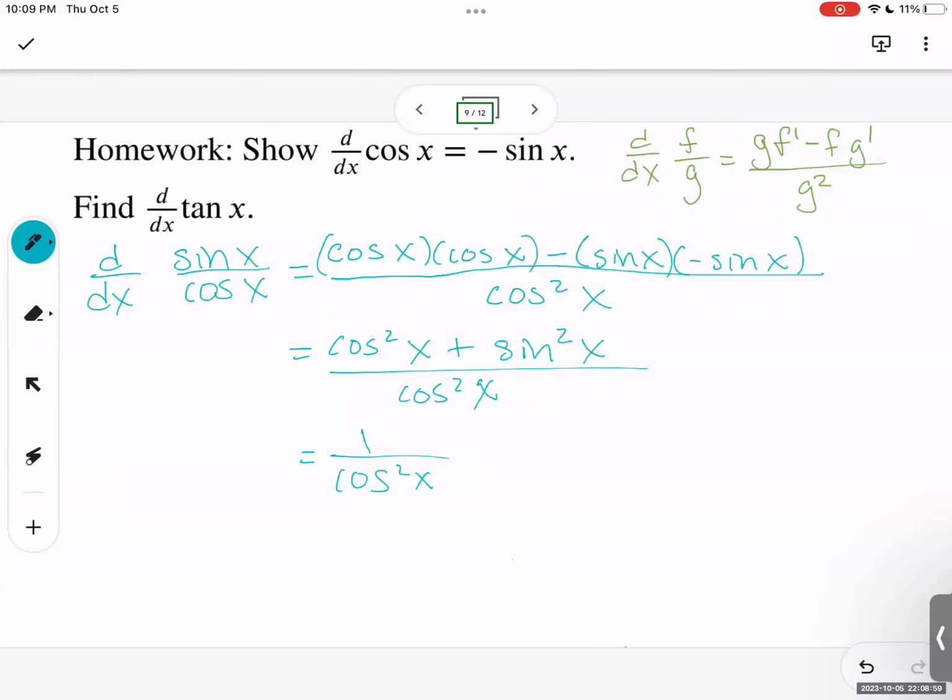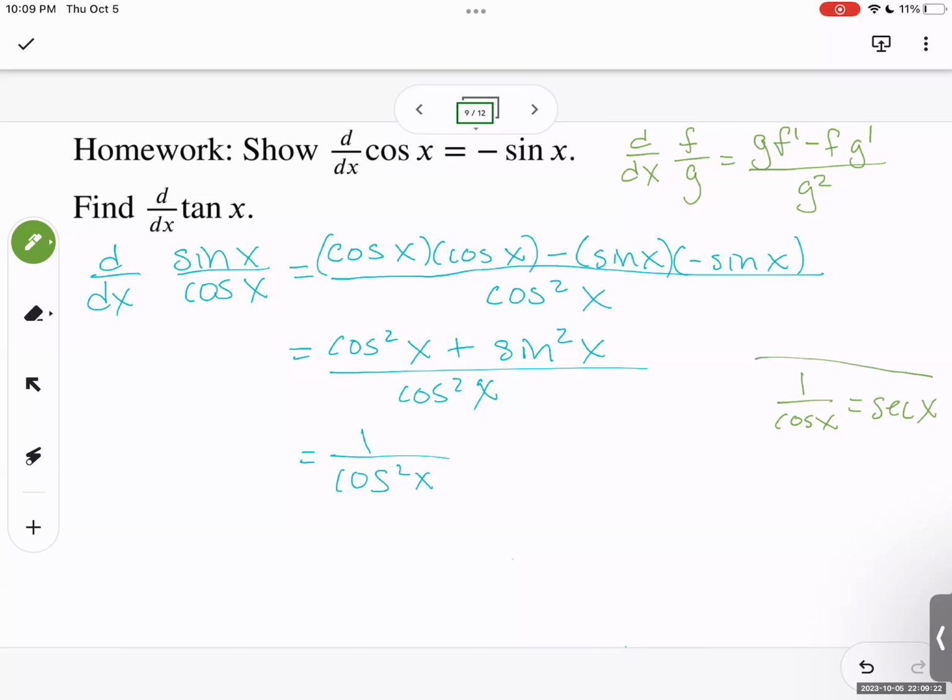which is the definition of 1 over cosine x. So 1 over cosine x is not cosecant. Remember, each pair only has one co. This is just secant x.